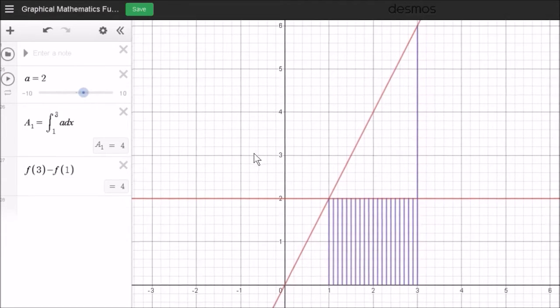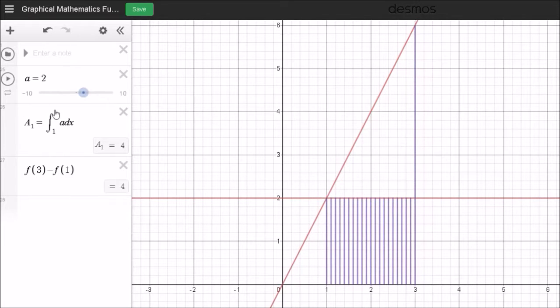So if you look along the left hand side here, you can see that I've written out what is really the fundamental theorem of calculus. We have the area of this function here, which is given by the integral from 1 to 3 of a dx, which is equal to a value of 4.